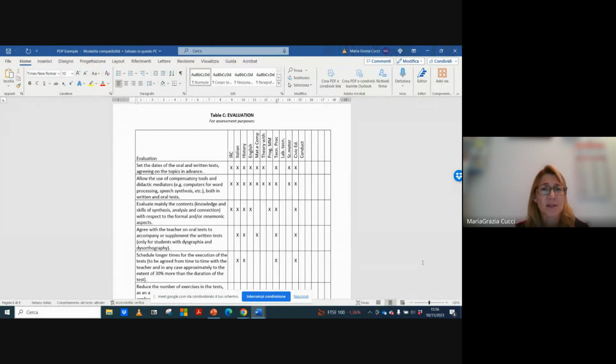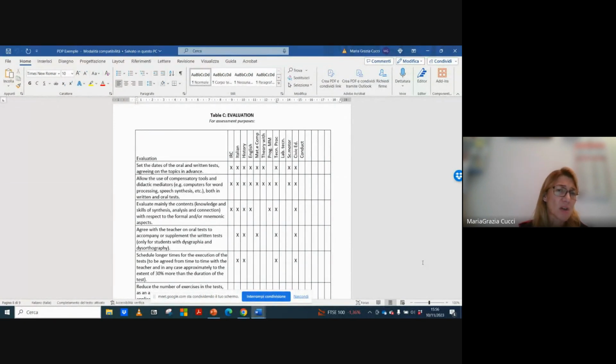So, first opportunity: set the dates of the oral and written tests, agreeing on the topics in advance. This is a way to give the student the opportunity to organize himself in a better way.